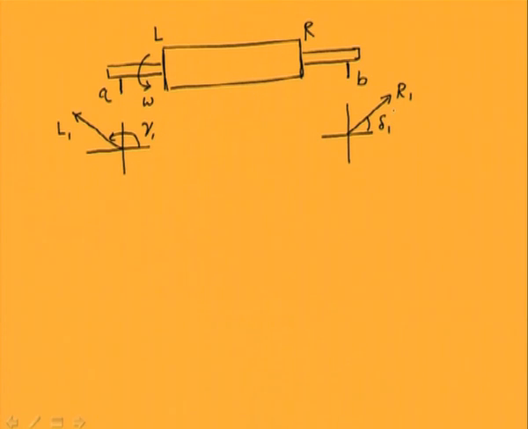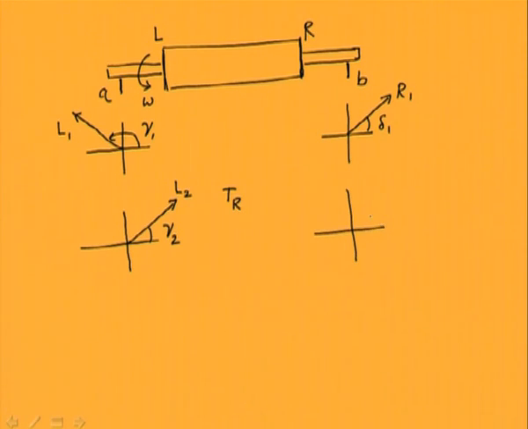Now we will put one trial mass, TR, of known magnitude in the right plane. Again we rotate the rotor at the same speed, and let us say we got the measurement on the left bearing L2, and its phase is gamma 2.